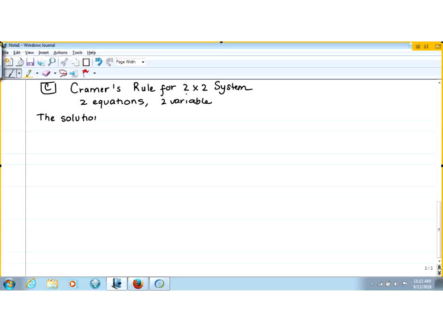So the solution of A1x plus B1y is equal to C1, and then A2x plus B2y is equal to C2. So this is a 2 by 2.